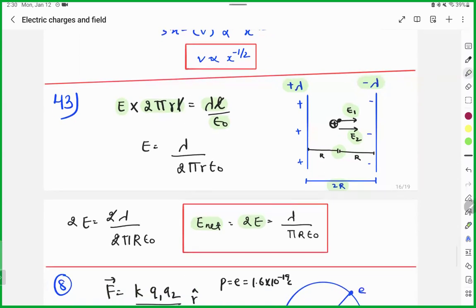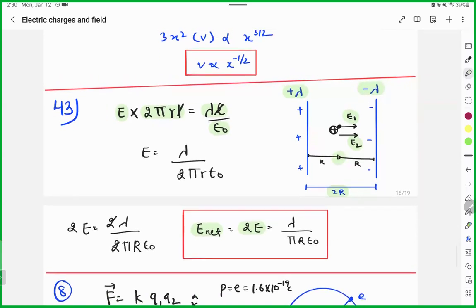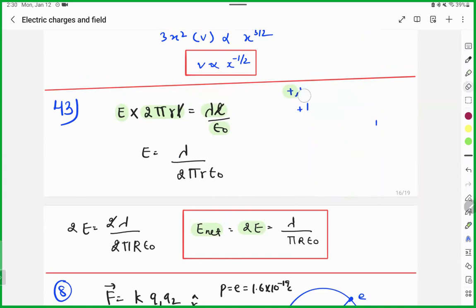So can you explain the electric field at the center once again? I will draw this again. What I am able to recall, because I don't know the exact question, is that you have two rods having the same linear charge density but opposite sign: this rod has positive charge, this rod has negative charge.